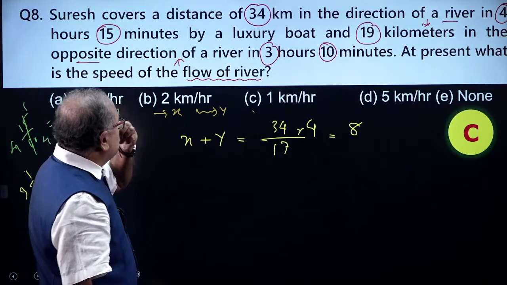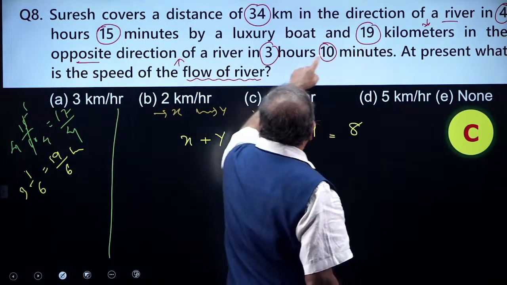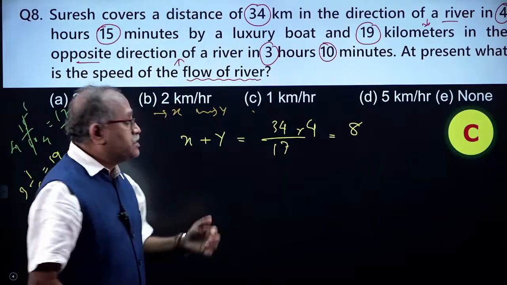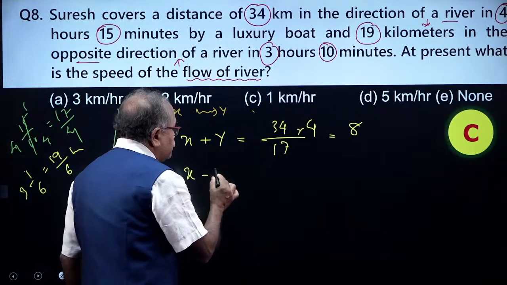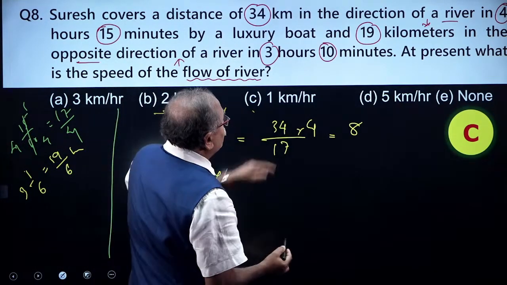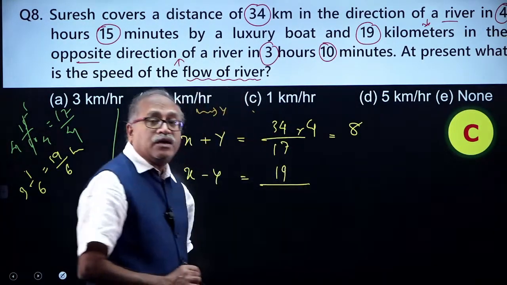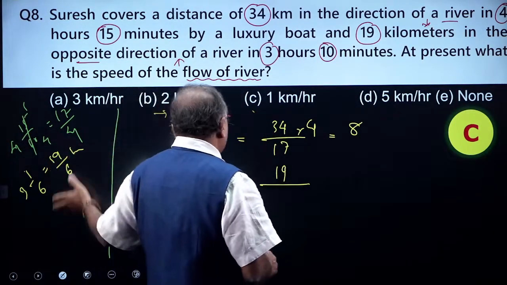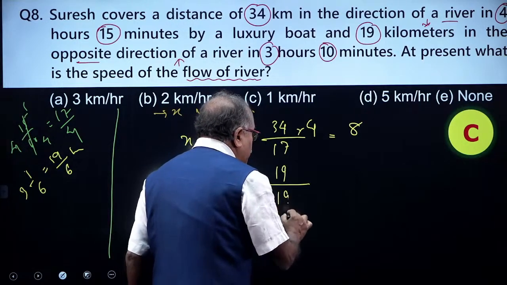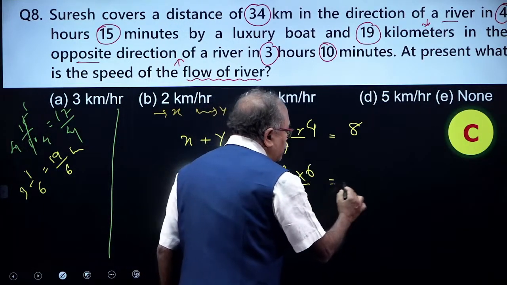In the second case, 19 kilometer travelled upstream, that means x minus y. So x minus y is equal to the distance 19 kilometer, and what is the time taken here? 19 by 6. So 19 divided by 19 by 6 is 6.